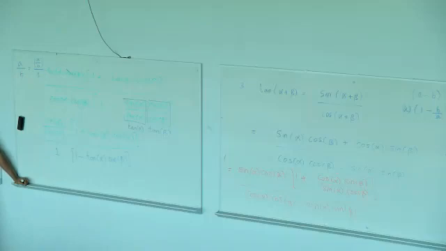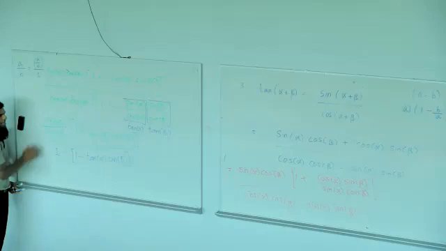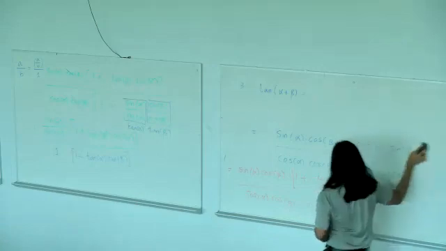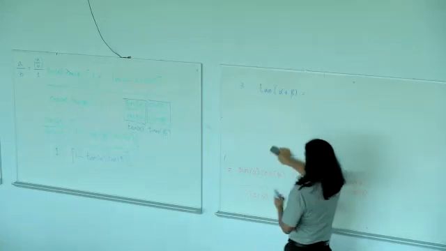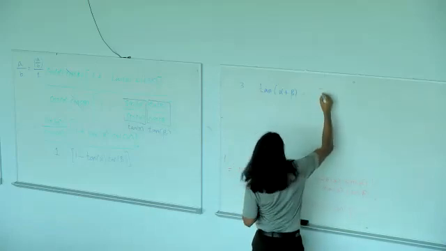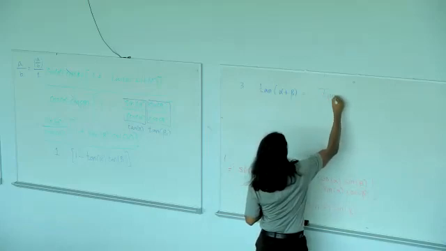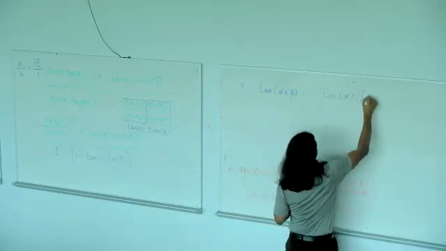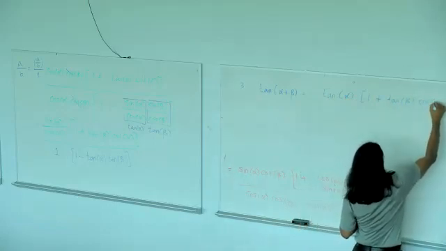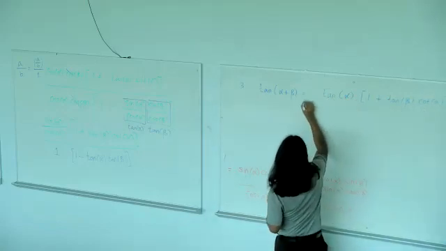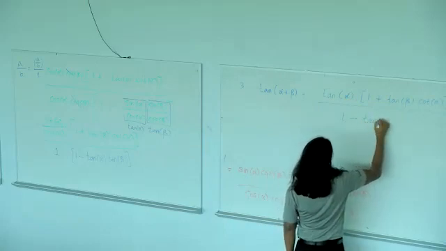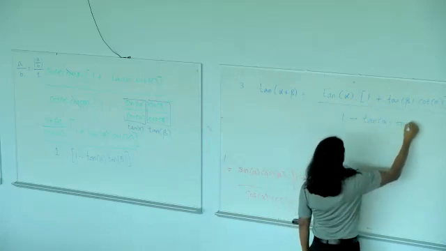That is tangent alpha. So tangent alpha times 1 plus tangent beta times cotangent alpha, over 1 times whatever term I have, 1 minus tangent alpha tangent beta.